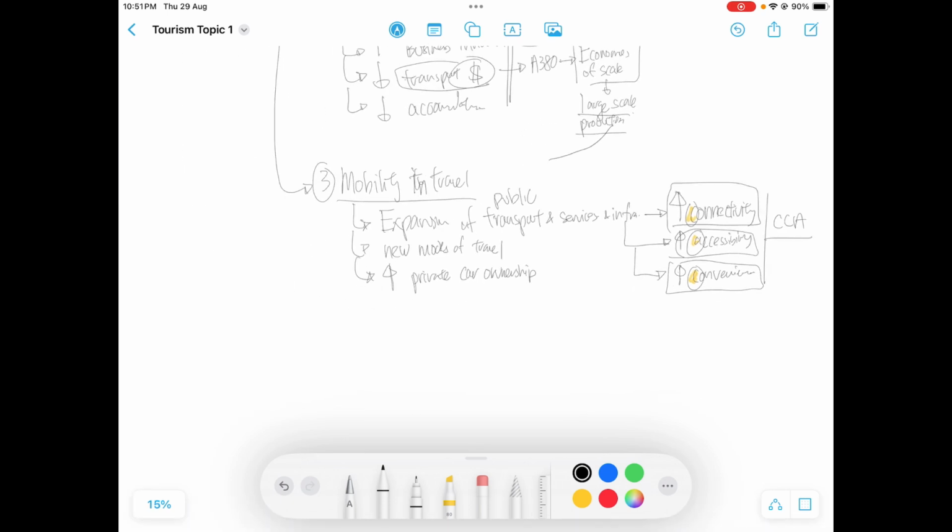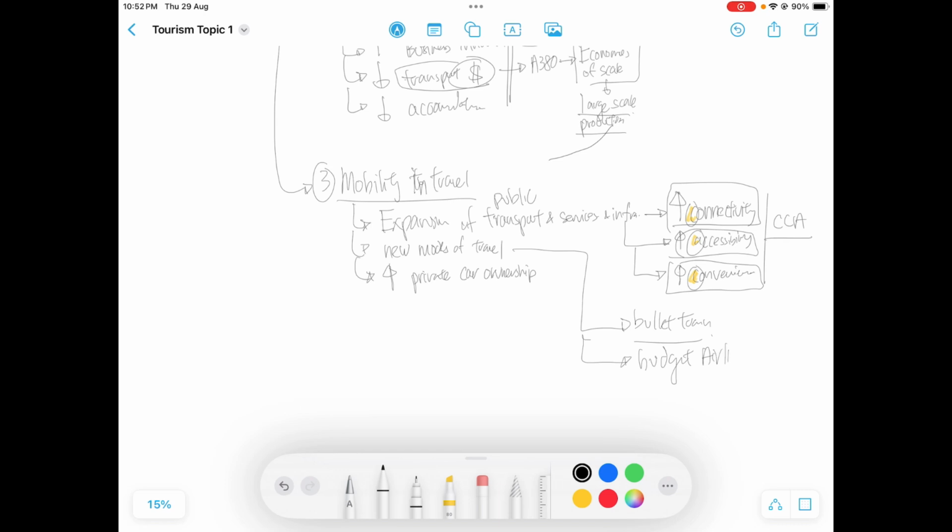And the new modes of travel, we are talking about how there are new modes of travel. For example, your bullet train. For example, that can shorten hours of traveling to minutes, right? And last but not least, your new modes of transport can also include budget airlines.